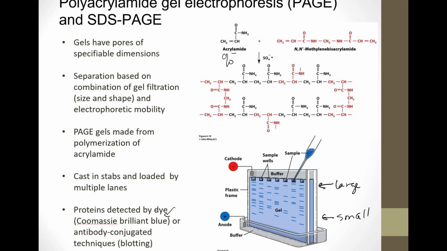Western blotting is the technique you've probably heard of, where you transfer all of the proteins from the gel onto a blot, which is then washed with antibodies which have fluorescent detection techniques or light-emitting substrates associated with those enzymes or antibodies, and you get a much improved sensitivity and specificity with that technique.